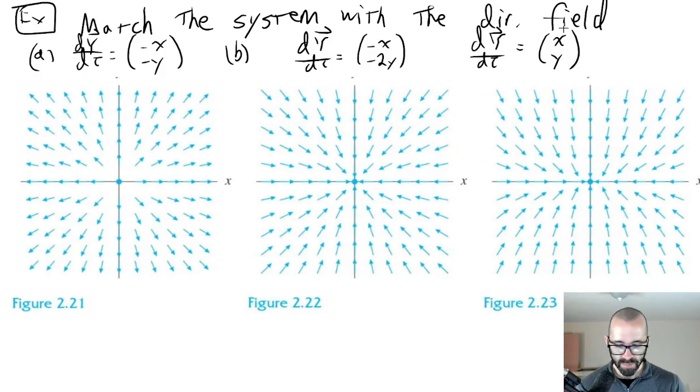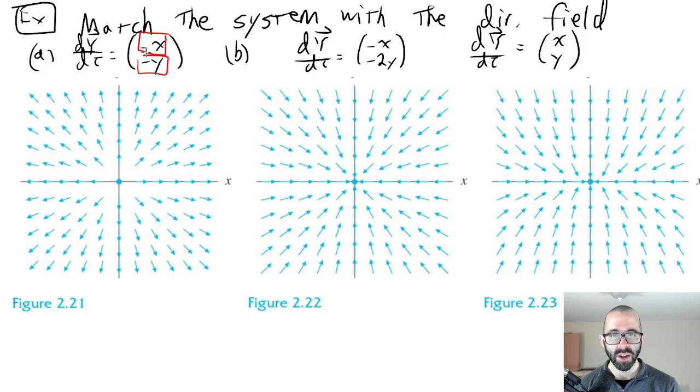All right, so if we look at this first differential equation, notice that if x is positive, the rate of change of x is going to be negative, and vice versa. If y is positive, the rate of change of y is going to be negative, and vice versa. Also notice that the rate of change of x only depends on x.